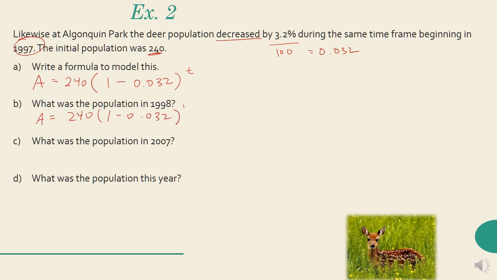Enter that into your calculator, and you should get 232.3, which rounding to the nearest deer, 232.